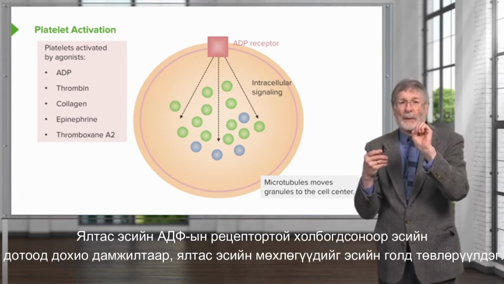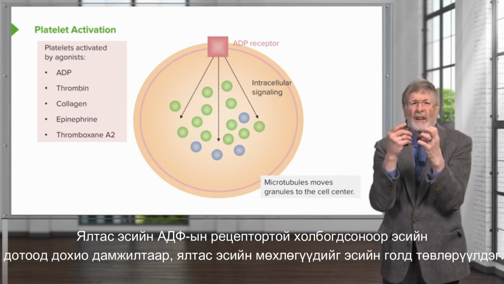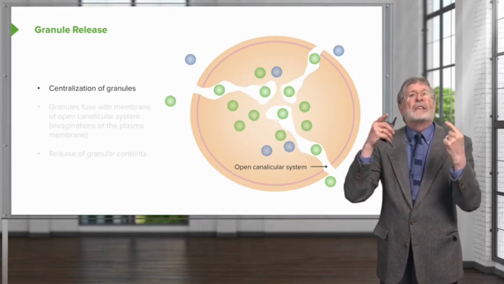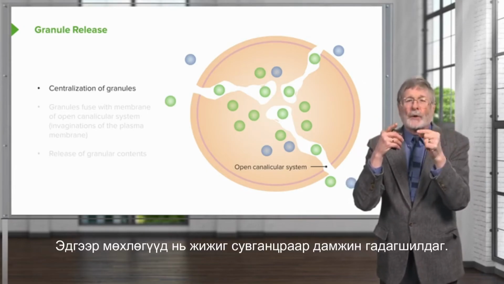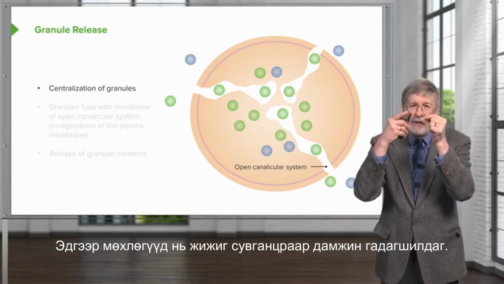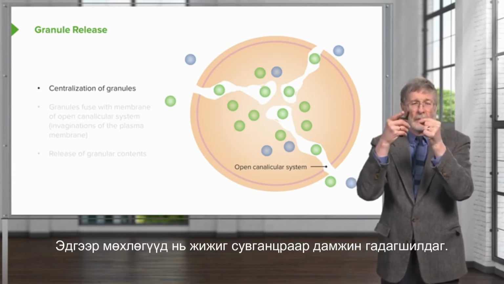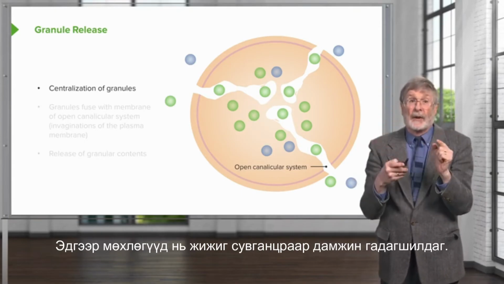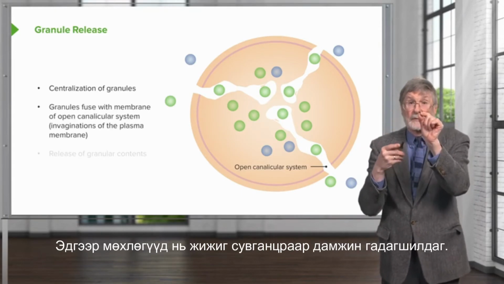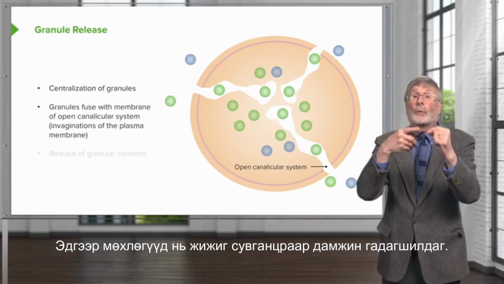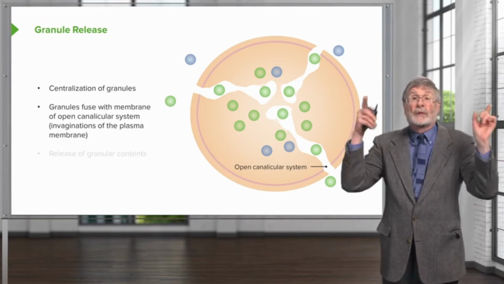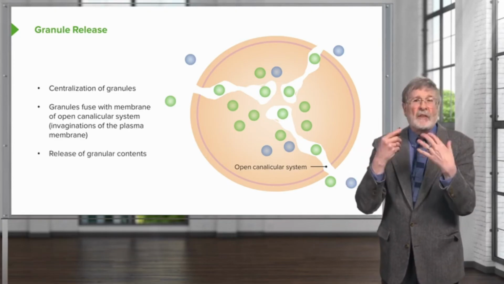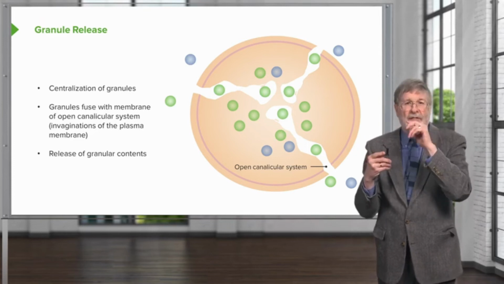I'm going to tell you more about them in a minute, but we call them into the middle of the platelet, and then we have invagination of the platelet membrane so that we can have fusion of these granules that have collected in the middle, and they can get into the canalicular framework there, and the granules fuse, get into the canalicular framework, and are released into the extra platelet environment. So then we get release of the granular contents. Very cool, very interesting. It's part of that shape change that goes on with the platelets.